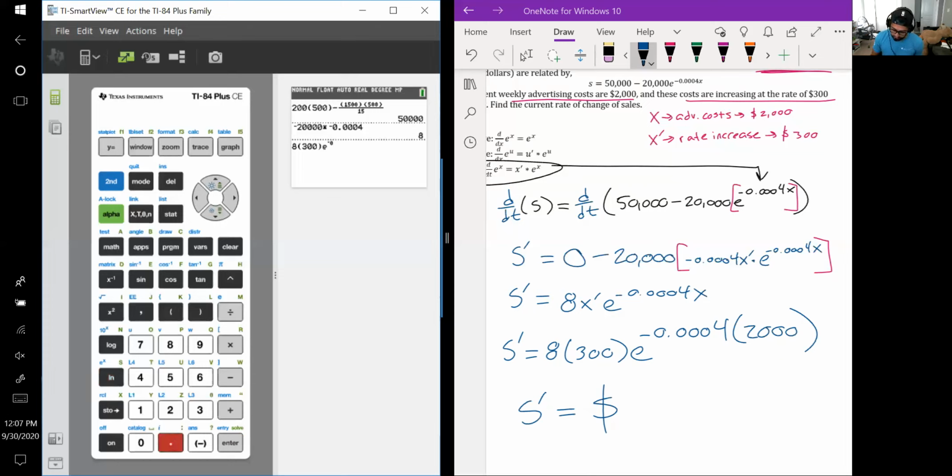Negative 0.0004 parentheses 2,000. There it is. Whatever I wrote on paper is exactly what I put in the calculator. There you go. And then I hit enter. And we get $1,078.39.